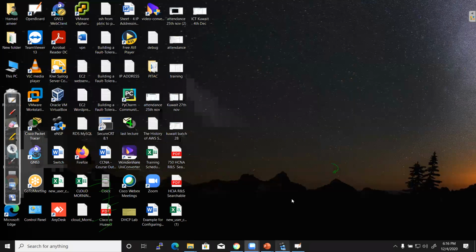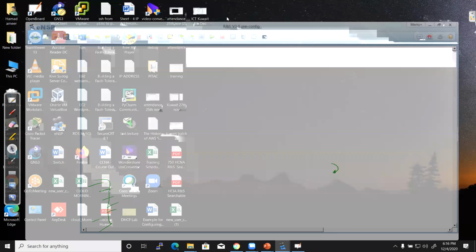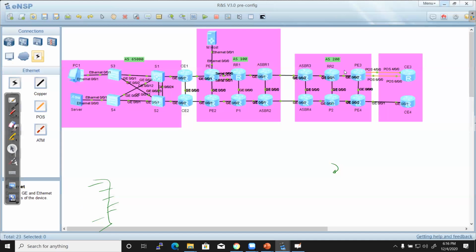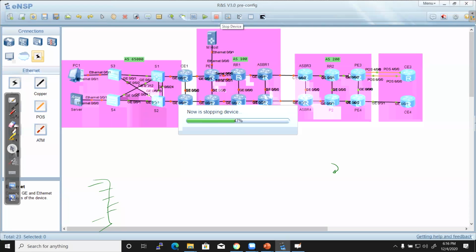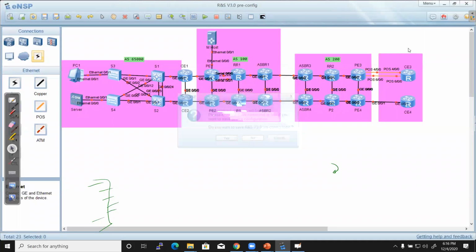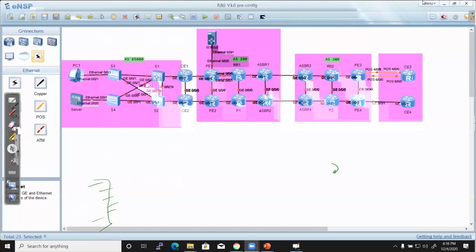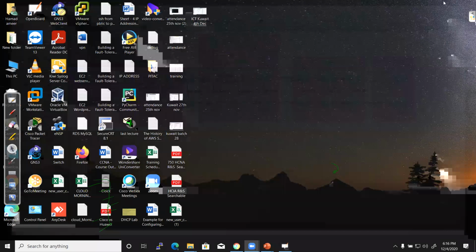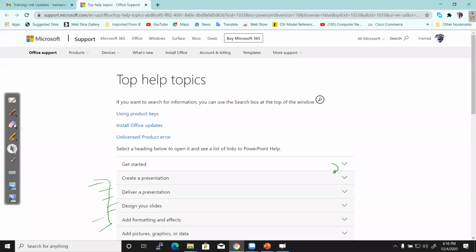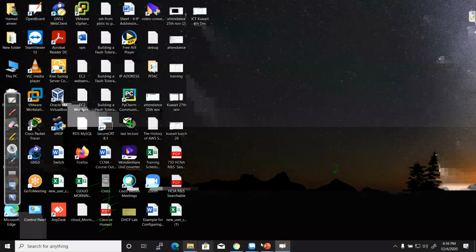Okay, just forget about it. So just practice on your simulators and verify whether this is running on your side or not, and then let me know.